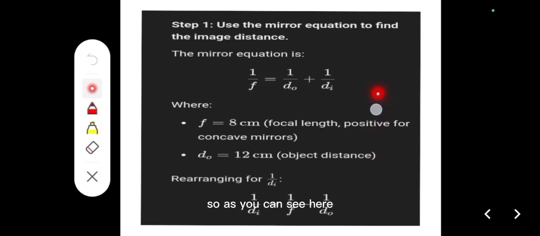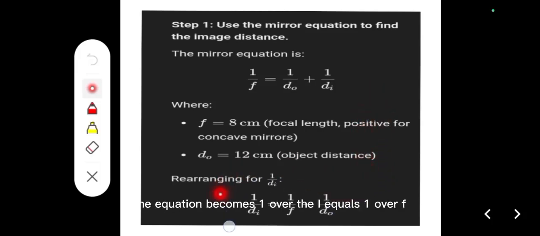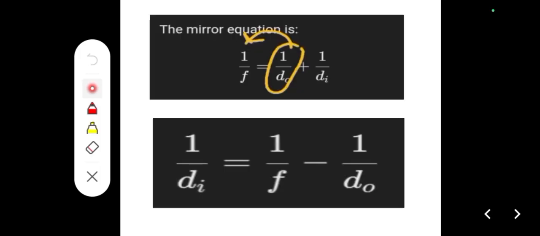So as you can see here, the equation becomes 1 over di equals 1 over f minus 1 over do. So how is this equation attained? From the original mirror equation, we simply transfer 1 over do to the other side, so that what is left is only 1 over di on one side.